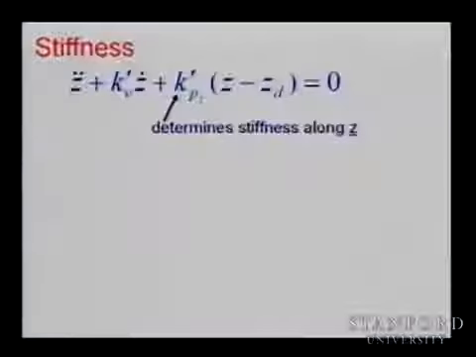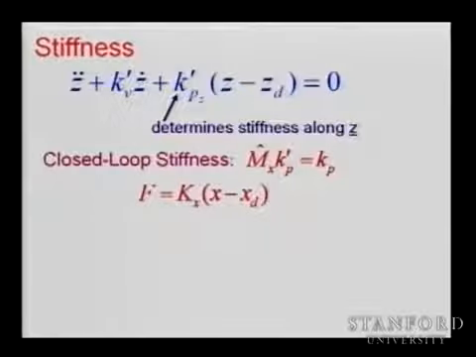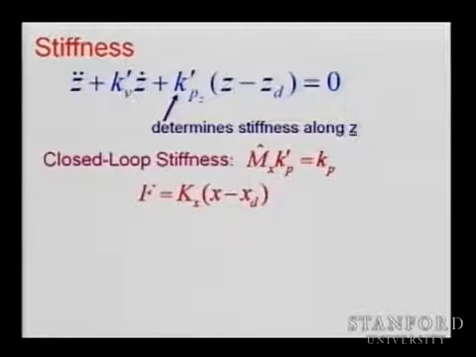So this kp prime has a very important role in determining the stiffness, but really the closed loop stiffness. Remember, you have multiplied kp prime by m hat. So this is your closed loop stiffness. And if you think about it in terms of just the spring aspect, you can see that kx is your stiffness. But now, what is the corresponding stiffness in joint space?